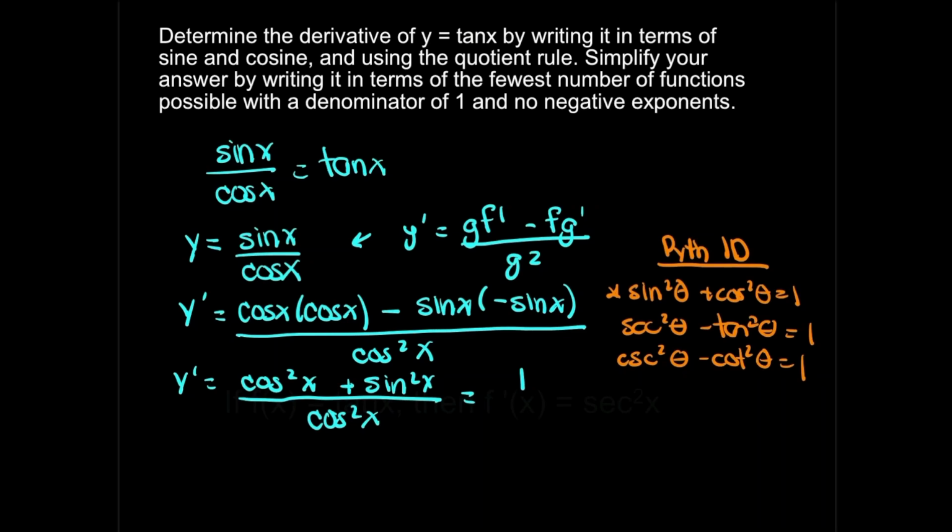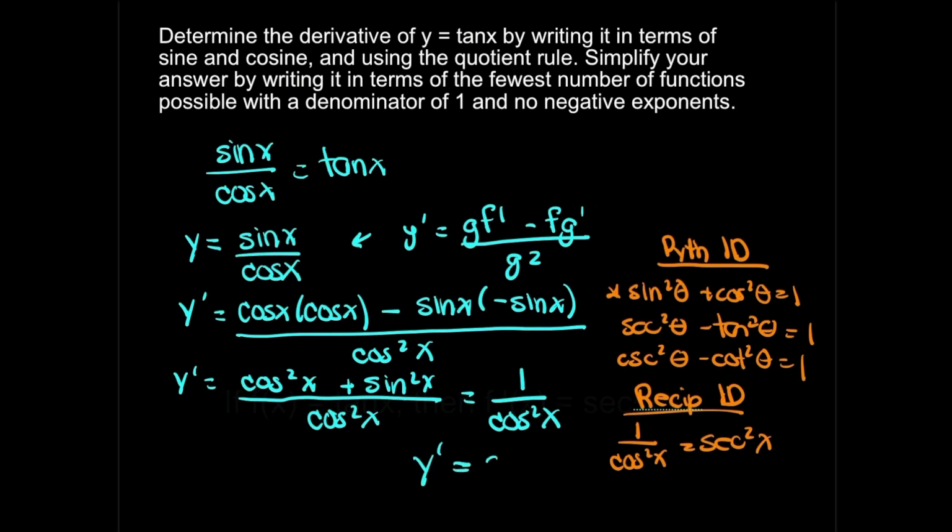This is a reciprocal identity. And that reciprocal identity tells me that 1 over cos squared of x is actually equal to secant squared x. So our derivative will be equal to secant squared x.